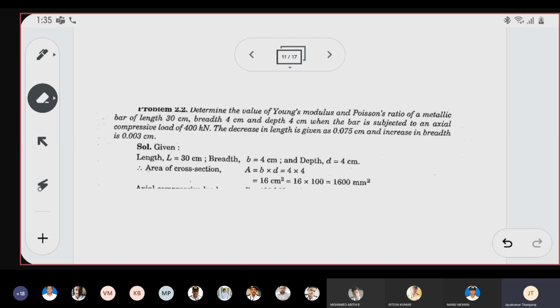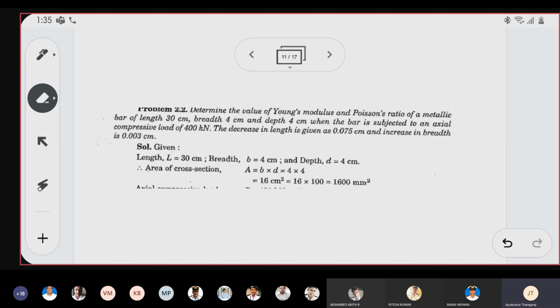Since it is a compressive force, the length gets decreased. The decrease in length is given as 0.075 centimeter, and while the length decreases, the breadth obviously increases. The increase in breadth is 0.003 centimeter.